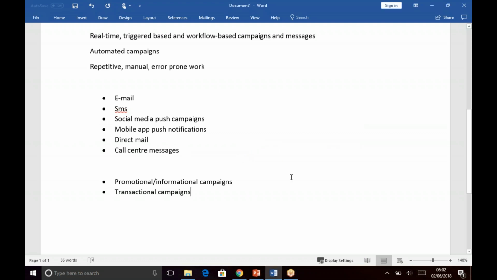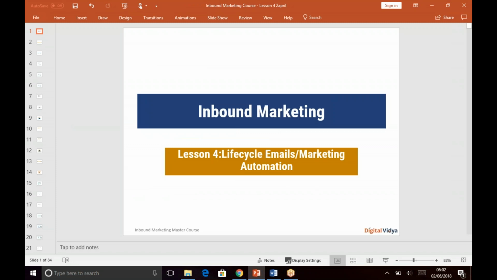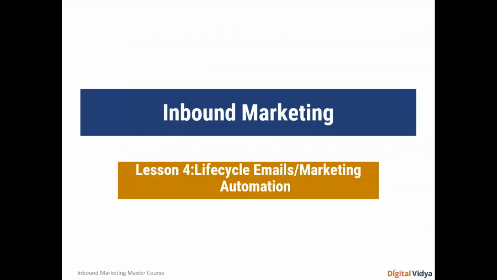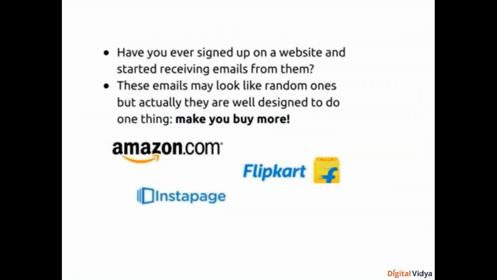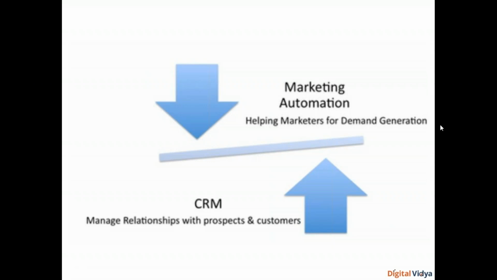All right. So let's move on. Now the thing is marketing automation. If you look at it, it is primarily used by marketing teams to plan the communication, to streamline the communication, also to generate the demand, also to be in touch with their users.